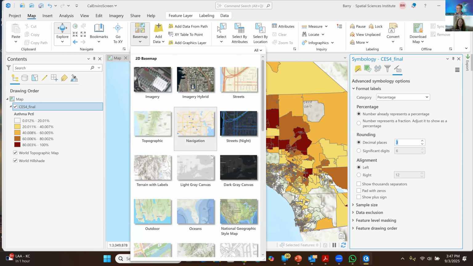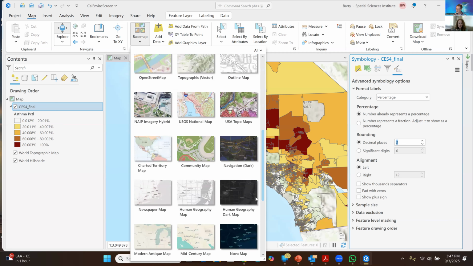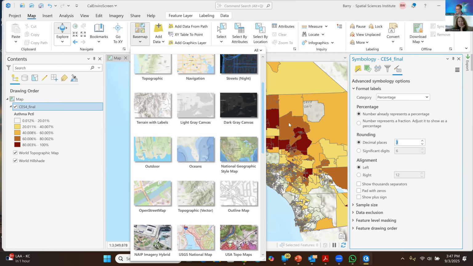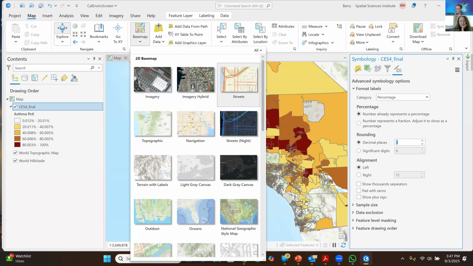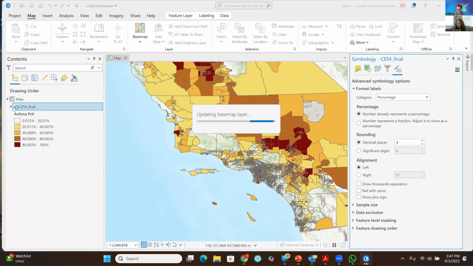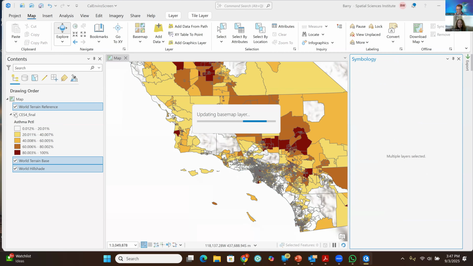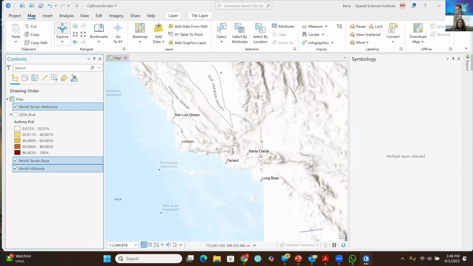There are a zillion base maps. It's so fun. I know we mentioned this in the last chapter or a recent one, but it's important enough that we want you to know about it. So this might be appropriate as a background for what we're doing. And let me turn this off.